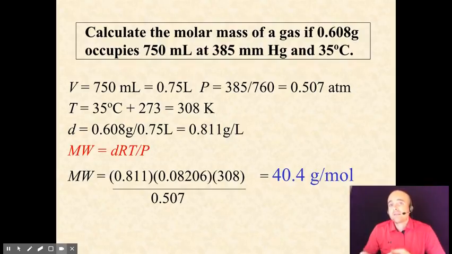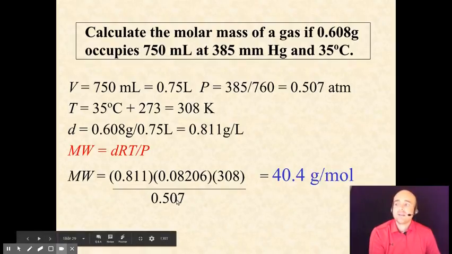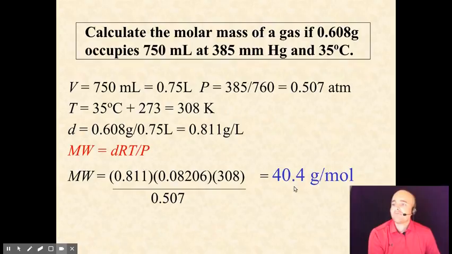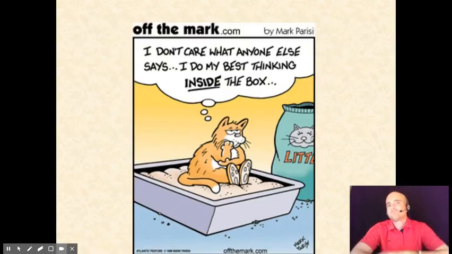Now, remembering the molecular weight kitty cat that sweeps his dirt over his pee, I know the density, I know R, and I know T, and I divide by my pressure in atmospheres, and then I get 40.4 grams per mole. This can help me identify the gas, and you can look at the molecular weights on the periodic table to help you understand. So I really do most of my thinking inside the box.